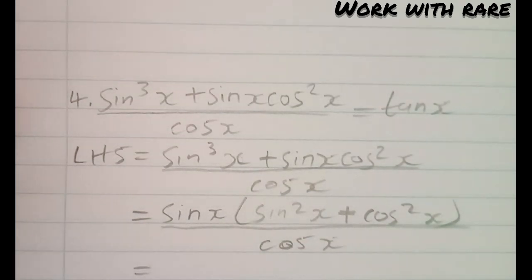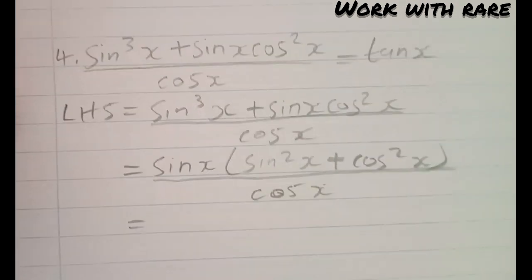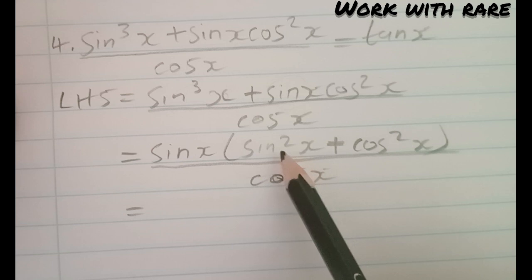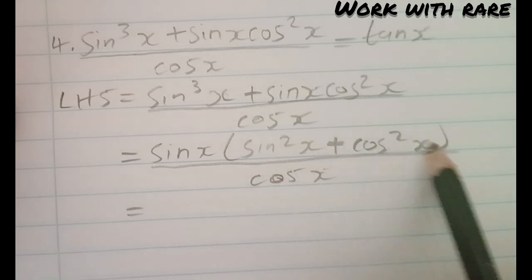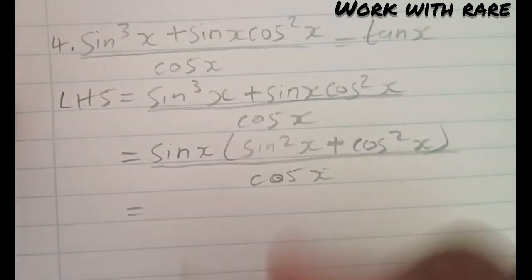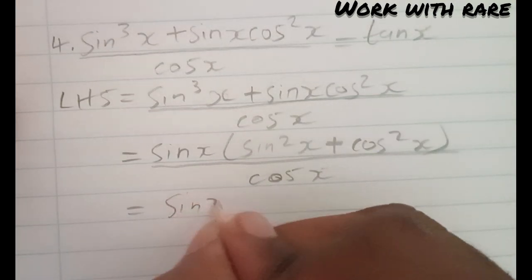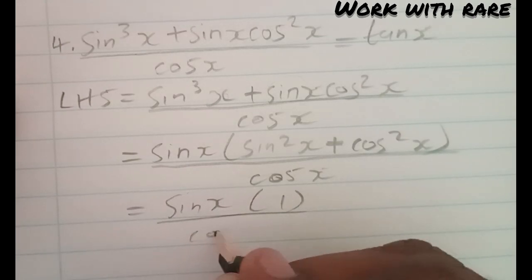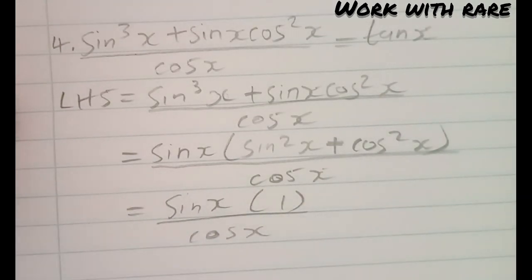Okay, so our next step, we can see that here we have sine squared x plus cos squared x, and the reciprocal identity says this is equal to 1. Okay, so you'll see sine x, here we have 1, over cos x, and any number multiplied by 1 is the same thing.